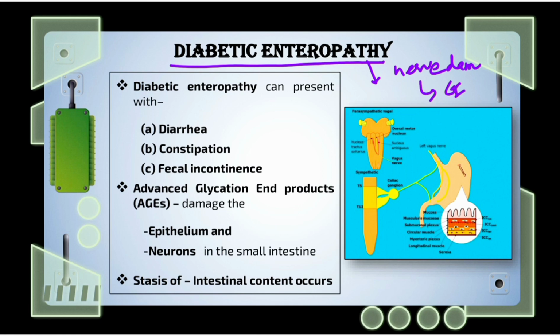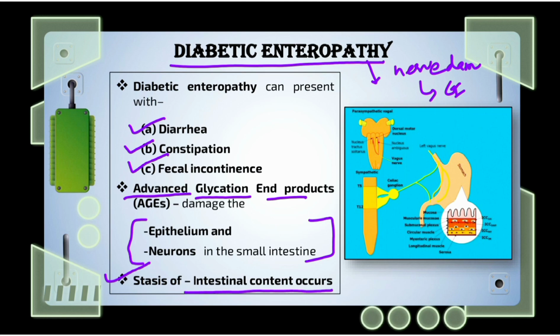It can present with diarrhea or constipation or fecal incontinence, and the main pathology behind the development of diabetic enteropathy is that in diabetes the production of advanced glycation end products is common, which damages the epithelium and neurons present in the small intestine. It also causes stasis or accumulation of the intestinal content.